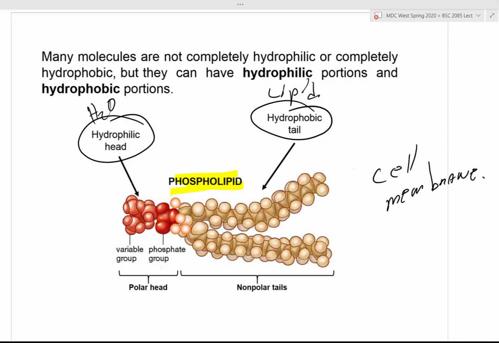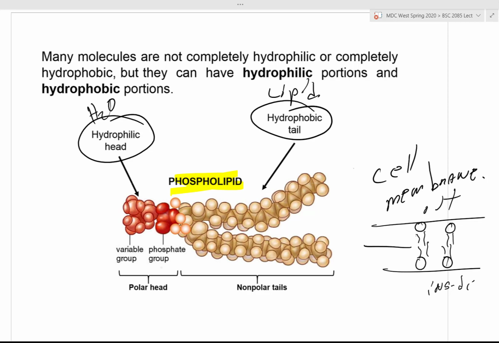When you see the cell membrane, it's going to look something like this. This is the outside of a cell, and this is the inside of a cell. And then you're going to have two and two, two and two. So it looks something like that. The lipid aspect of it will be in the middle.